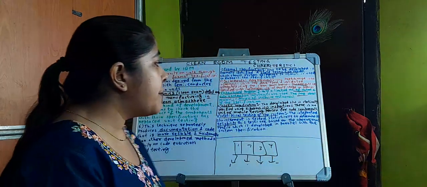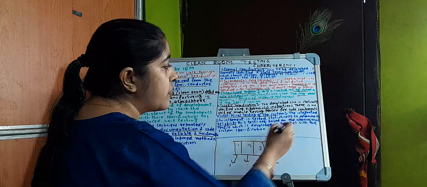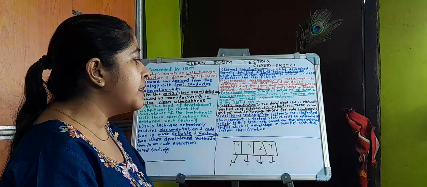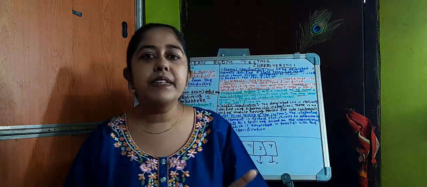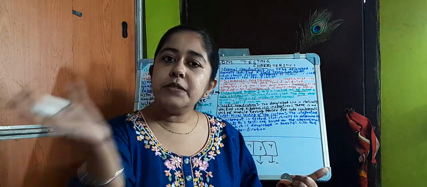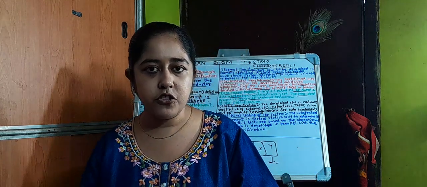So what is happening here? Statistically to determine its reliability, these tests are based on the operational profile which is developed in parallel with the system specification. So obviously tests are done which are based on the operational profile. With your development of the software, an operational profile of your software is also made.